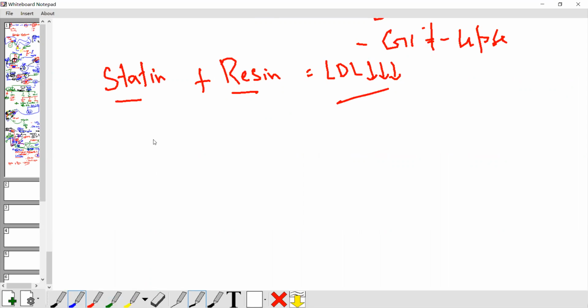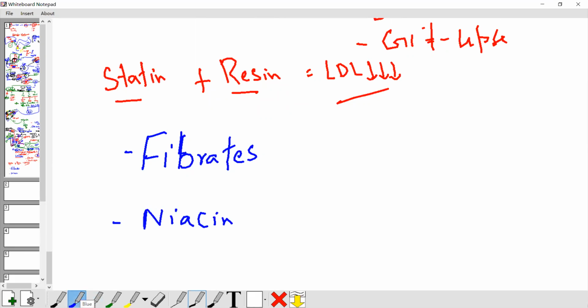Okay, next drug. Fibrates. Next drug, niacin. What is niacin?